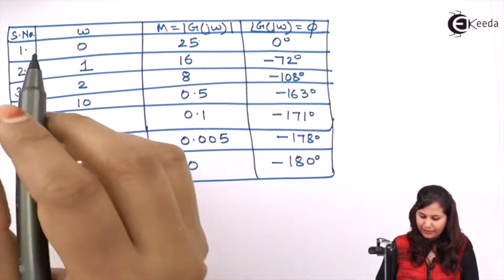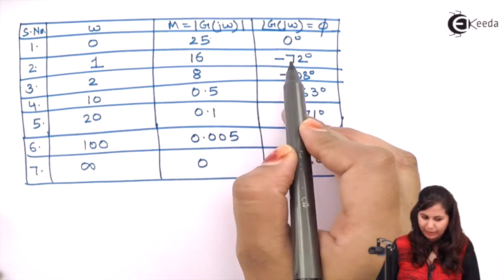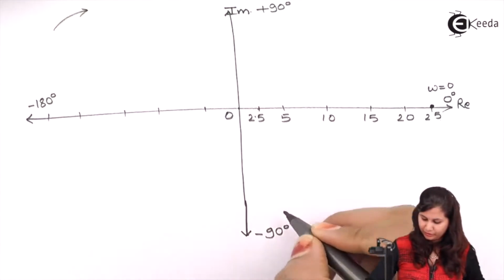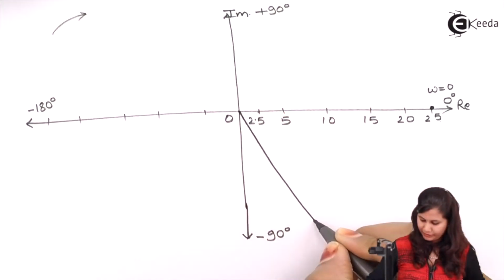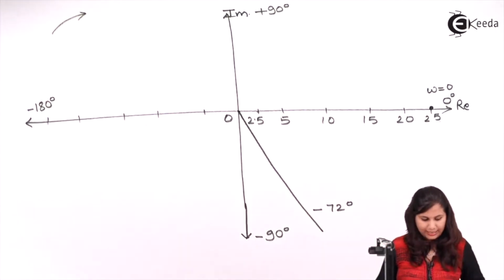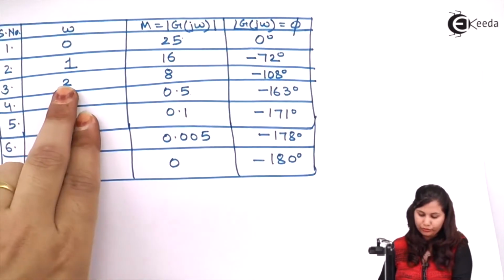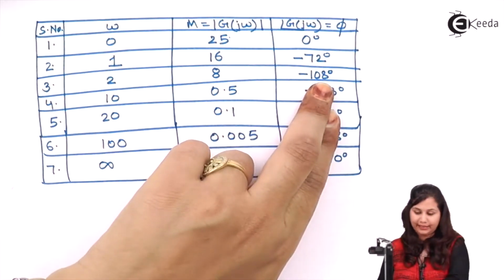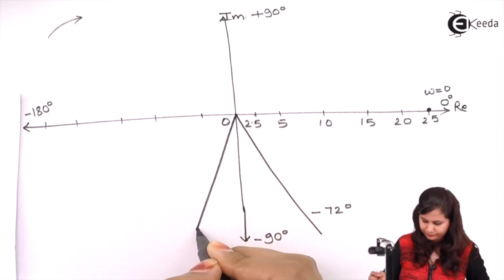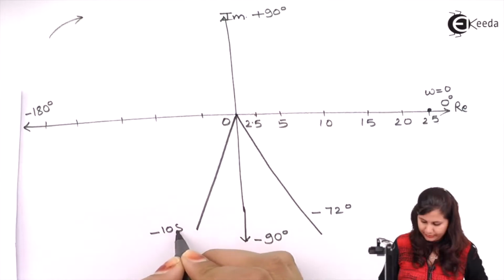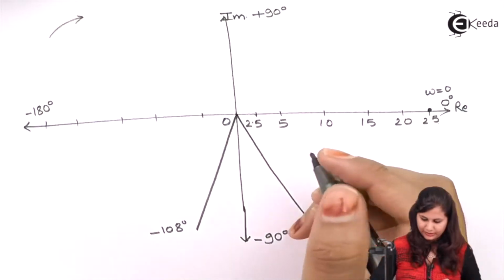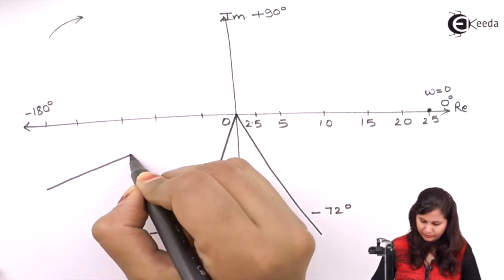Now for omega equals 1, the phase angle is minus 72 degrees. Minus 72 degrees will be here. For omega equals 2, the phase angle is minus 108 degrees, so it will be in this direction. For omega equals 10, phase angle is minus 163 degrees.